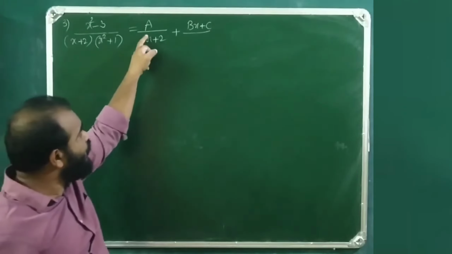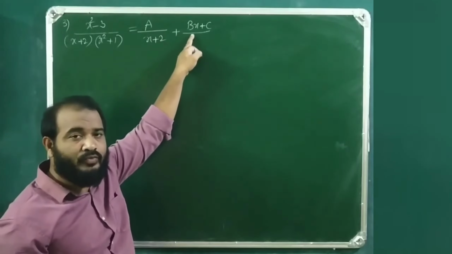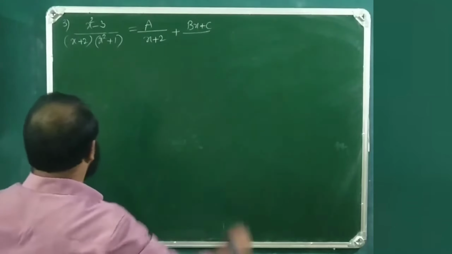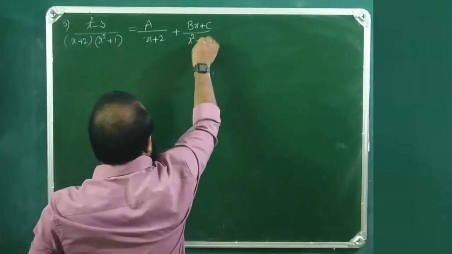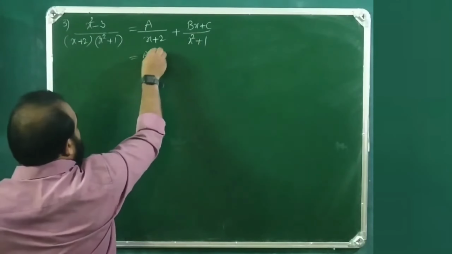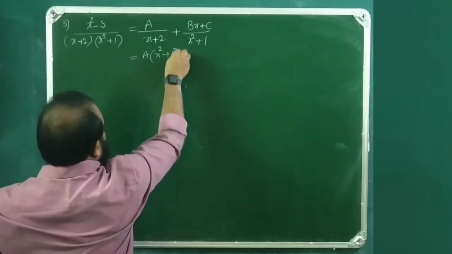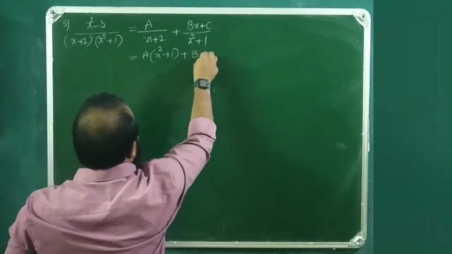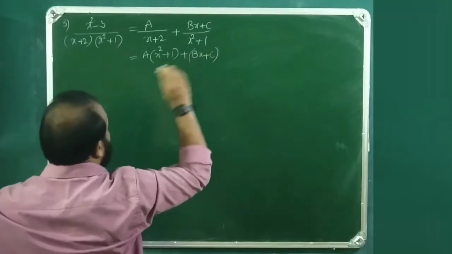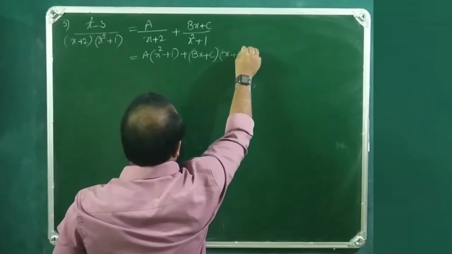Here a is already used, therefore instead of ax plus b I have taken bx plus c by x square plus 1. This is a into x square plus 1 plus bx plus c into x plus 2.